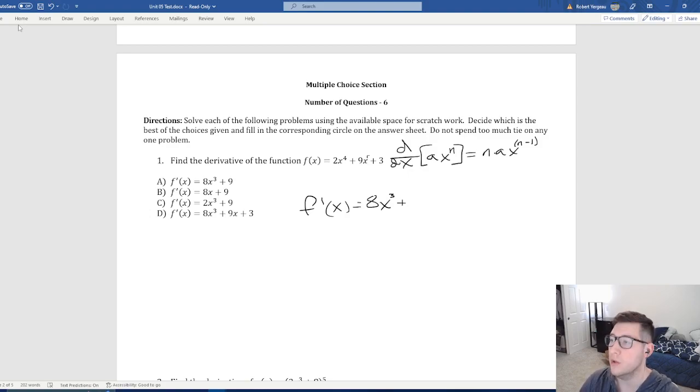And so we take that 1, multiply it by the 9, which means we're going to have 9 times x. And now if we reduce 1 by 1, 1 minus 1 is 0. Remember that anything to the 0 is actually just 1. And so what this becomes, after a little bit of simplification, is going to be 8x cubed plus 9, which if we take a look, matches a.